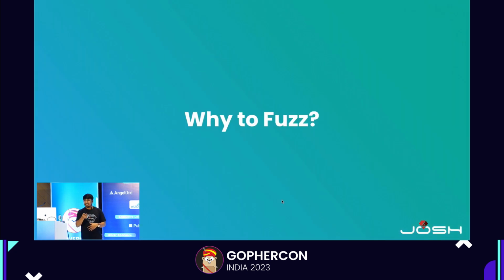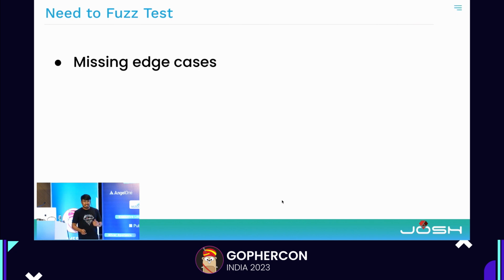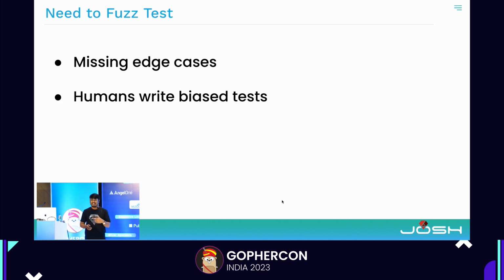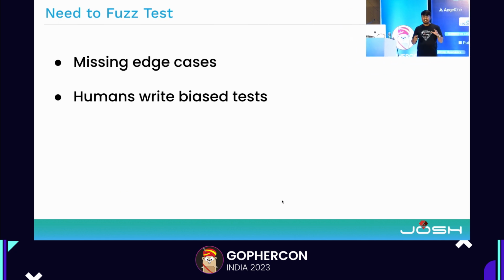Now, after looking at the demo, I think there are some obvious reasons why we would need fuzzing. Humans are not very good at finding edge cases. So that's when fuzz testing comes in and helps us find all those missing edge cases. And humans write biased test cases. Whenever we are writing unit tests, we test for whatever information is in front of us, what can go right, what can go wrong, but we don't think of all the cases.